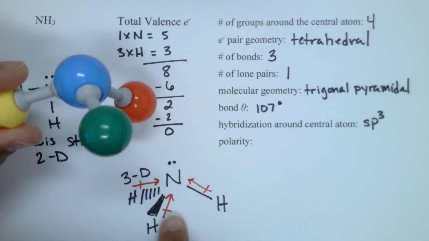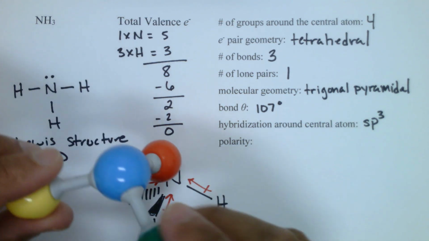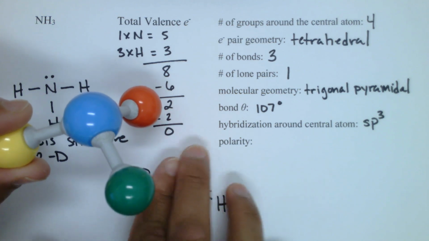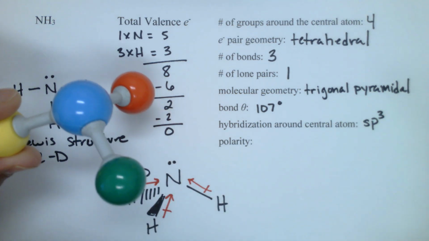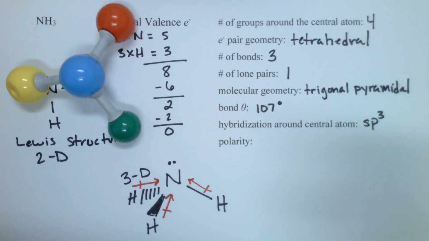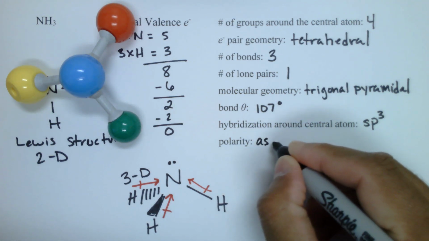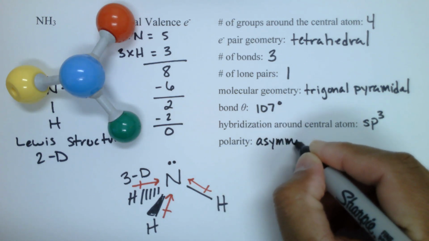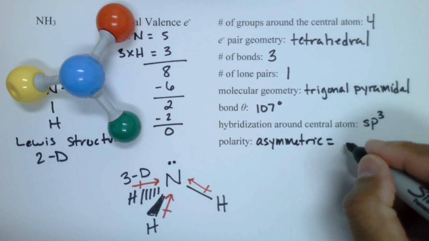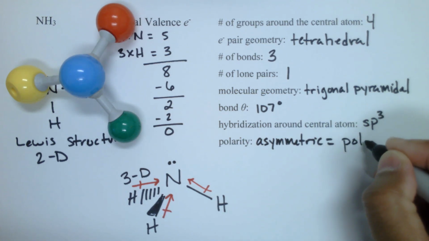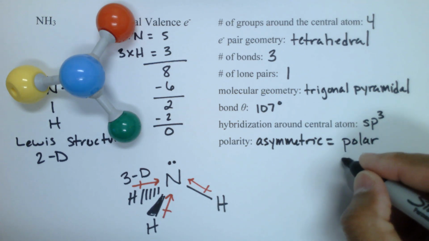There's no dipole pointing towards this dipole to cancel it. So all the dipoles are pointing in that one general direction. So that's going to make this molecule asymmetric. And asymmetric means a polar molecule.